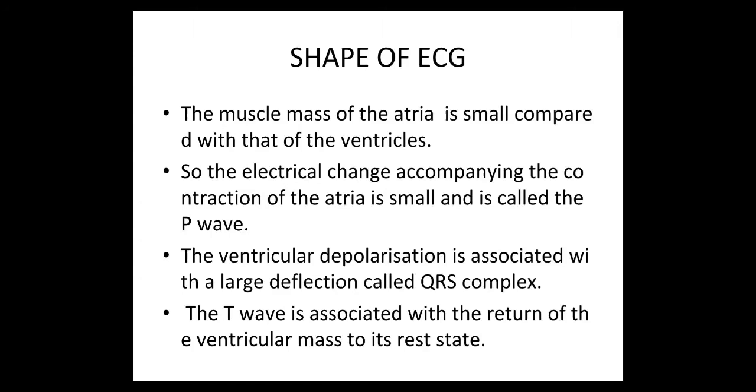So the electrical change accompanying the contraction of the atria is small and is called the P wave. The ventricular depolarization is associated with the large deflection called QRS complex. The T wave is associated with the return of the ventricular mass to its rest state.